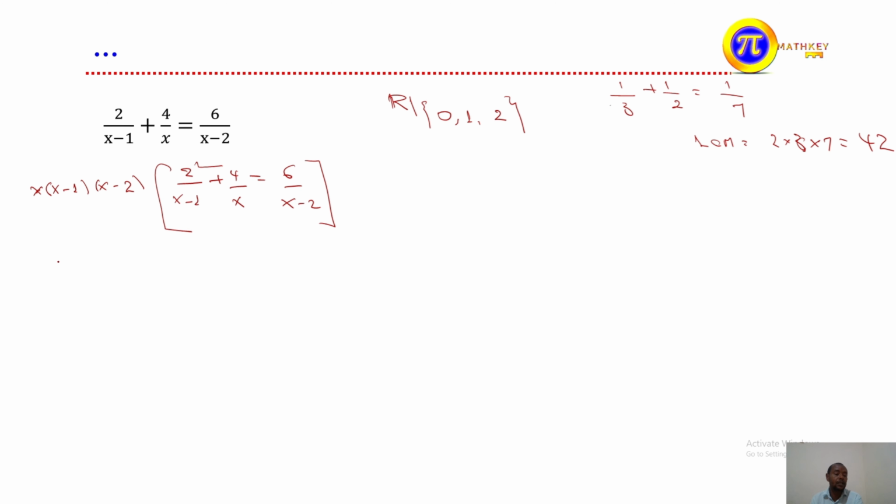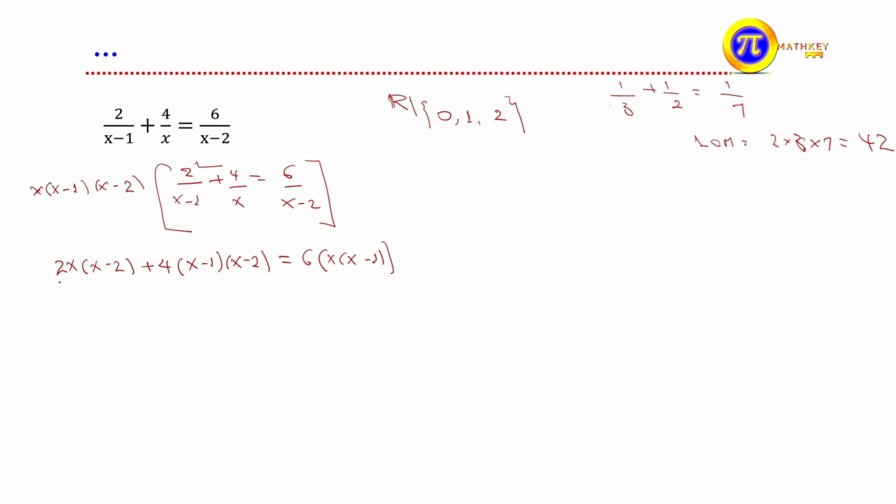What remains is x times x minus 2. So this is equal to 2x into x minus 2, plus the second one, 4 times, dividing by x, what remains is x minus 1 times x minus 2, is equal to 6 times, we cancel x minus 2 by x minus 2, what remains is x into x minus 1.